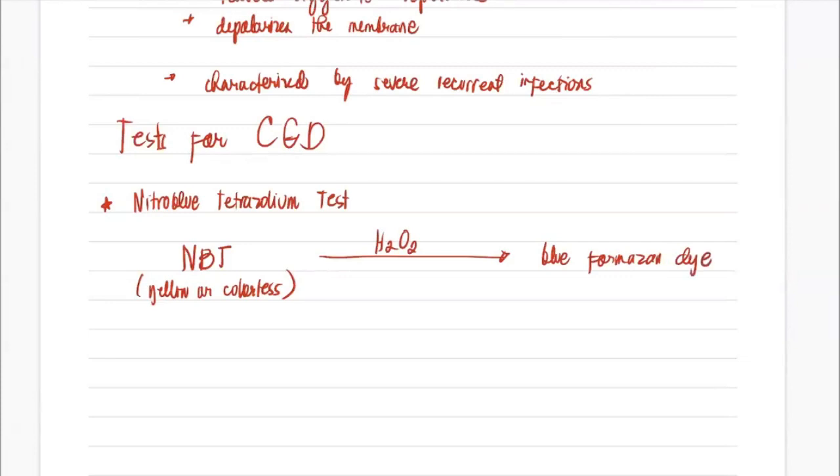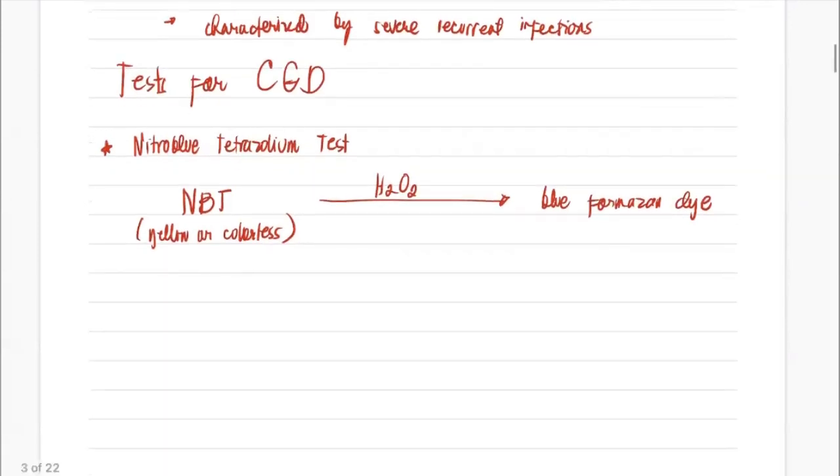Okay? Now, hindi ka naman makakapag-produce ng H2O2, di ba? If you do not have NADPH oxidase. So that means the positive result here is the presence of the blue color. Okay? Kung meron kang blue color, ibig sabihin okay yung mga neutrophil mo. They are able to mount a respiratory burst. Okay? So that's the nitro-blue tetrazolium test.